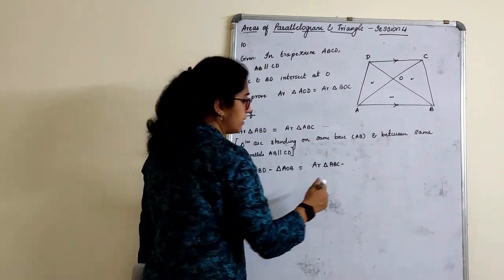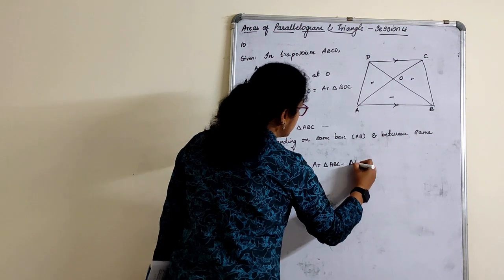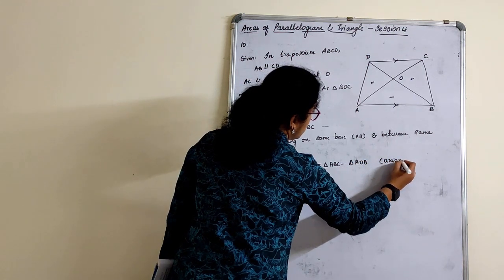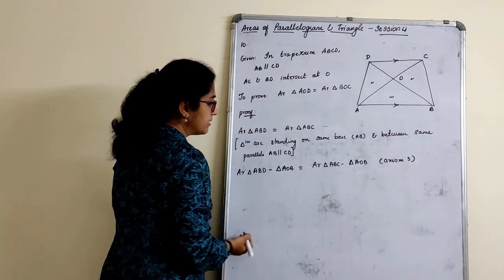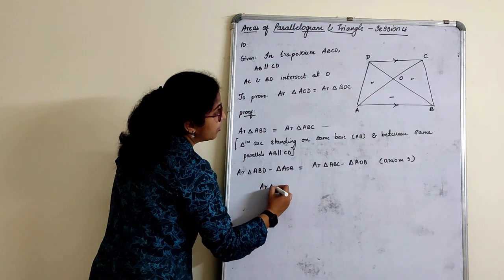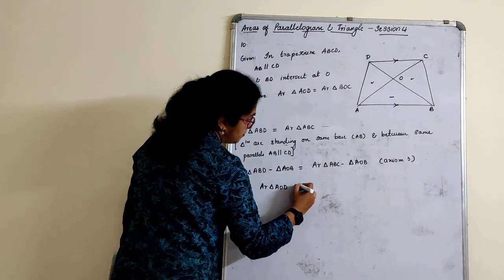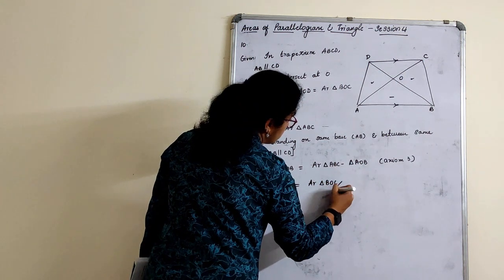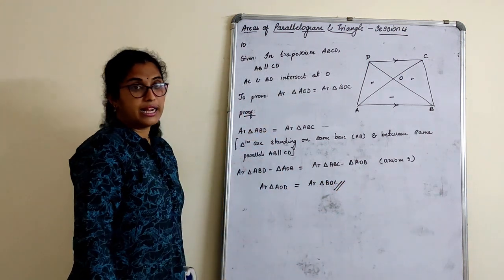Axiom 3: equals are removed or subtracted from equals, the remainders are equal. ABD minus AOB is what? Area of triangle AOD is equal to area of triangle BOC. Hence proved. That's what they had asked you.